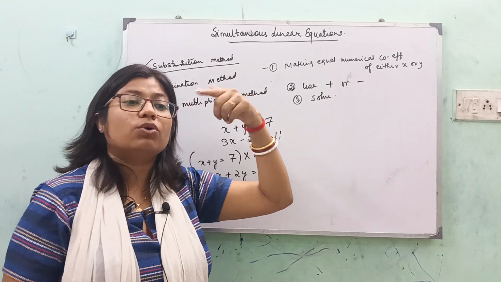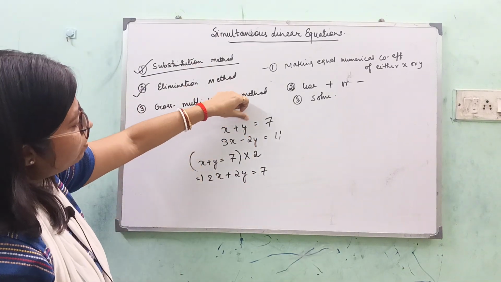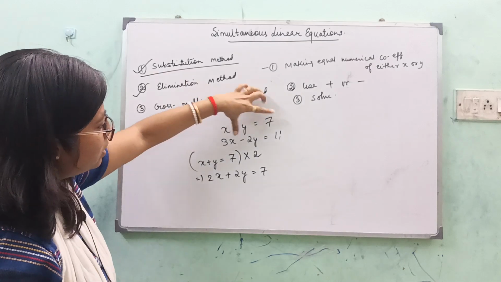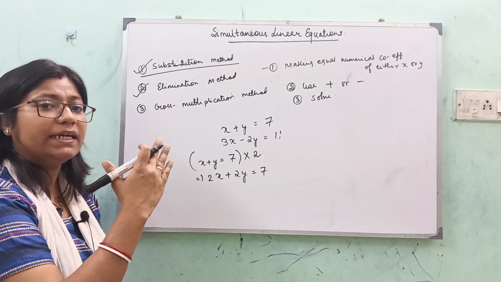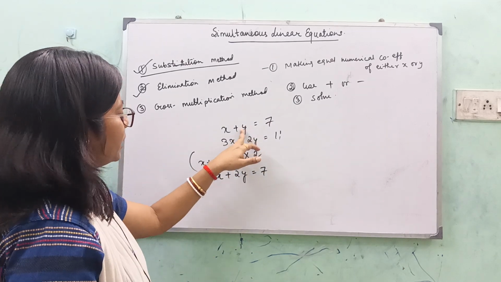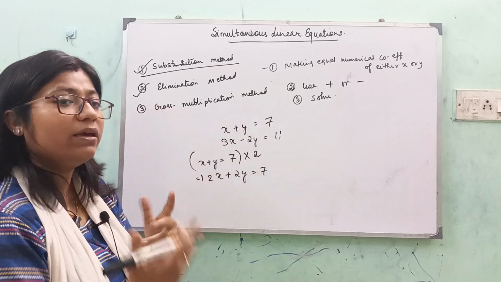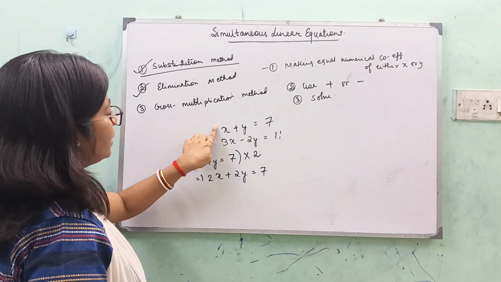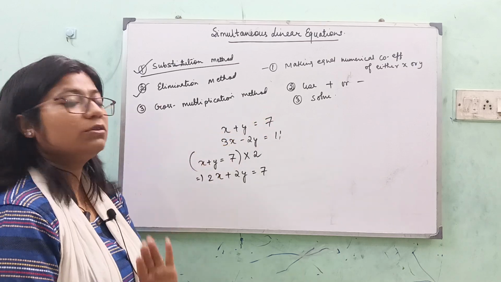What calculation will go behind your mind when you are doing this? The calculation is that what number I should multiply the equation with, so that on addition or subtraction one of the variables gets removed. So if I multiply a 2 here and add them, 2y and minus 2y will become 0. If I would have multiplied a 3, then this would have become 3x, 3y and 21.